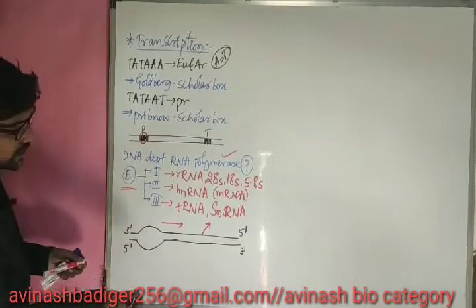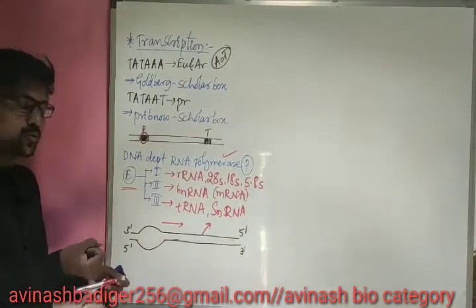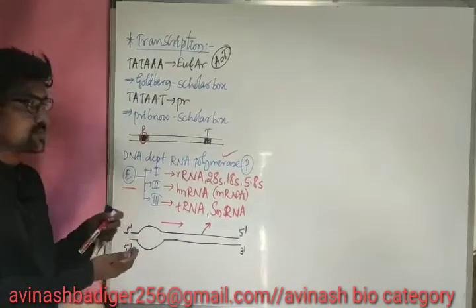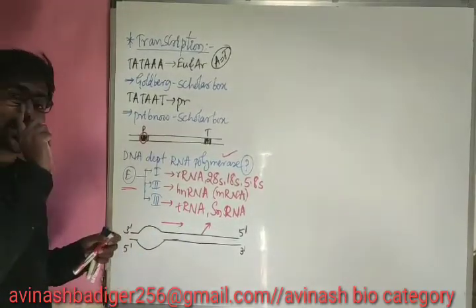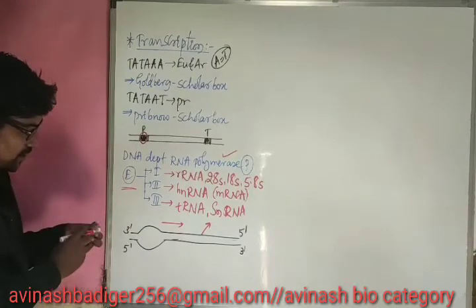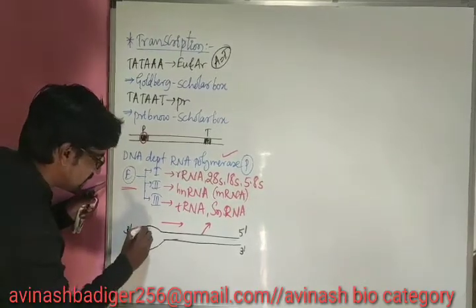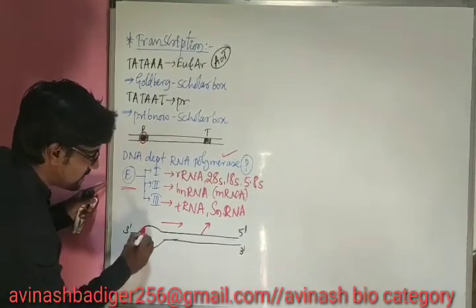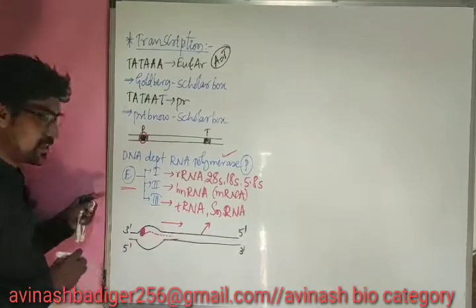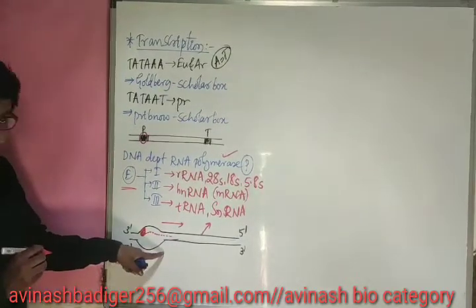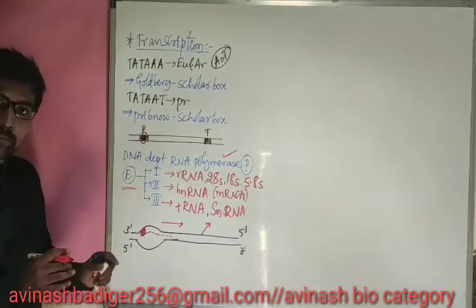Now, so here who is going to continue the process means again the enzyme itself. But how the mRNA is going to be produced means, say here for example, this is the enzyme, right? When the enzyme is moving on this template DNA strand, not on both the DNA strands, only on the template DNA strand.